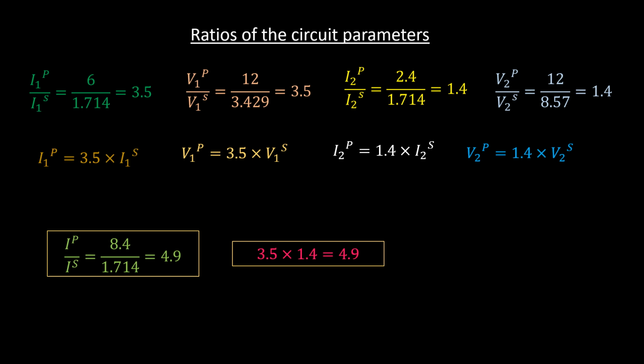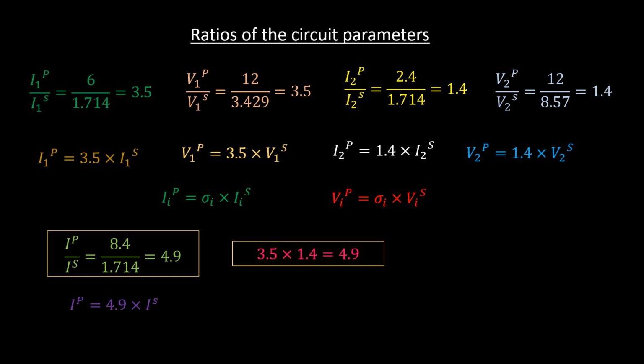So in general, we can write I_Pi equal to sigma_i times I_Si and V_Pi equal to sigma_i times V_Si. For the total current, we have I_P equal to 4.9 I_S.